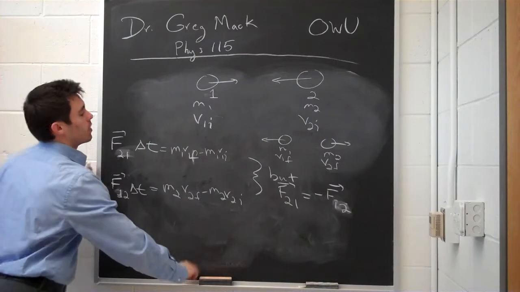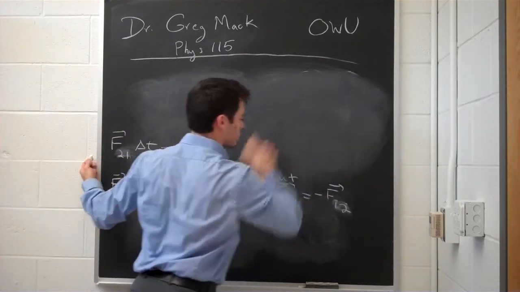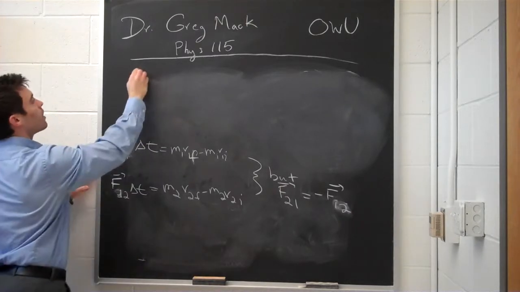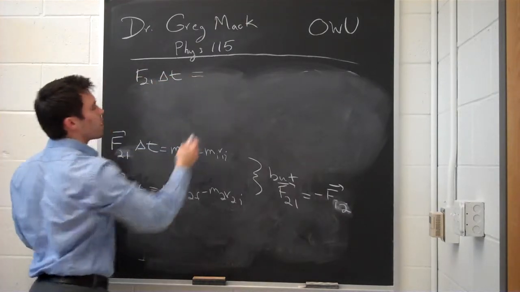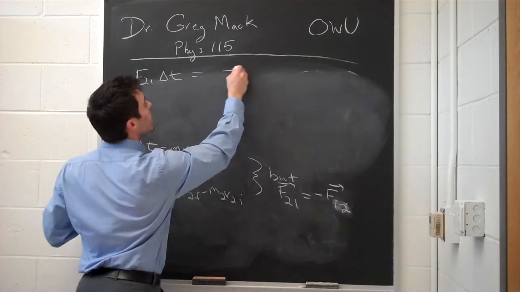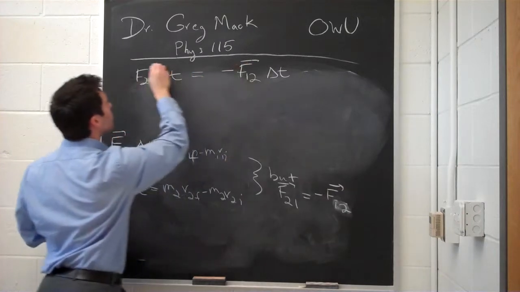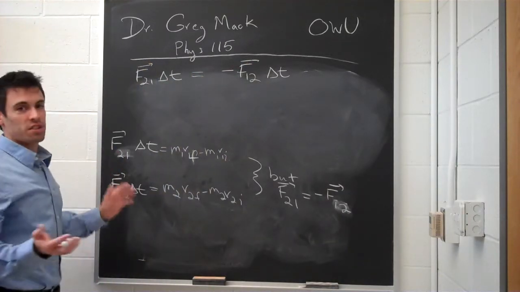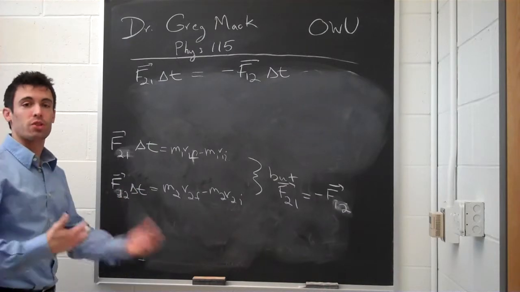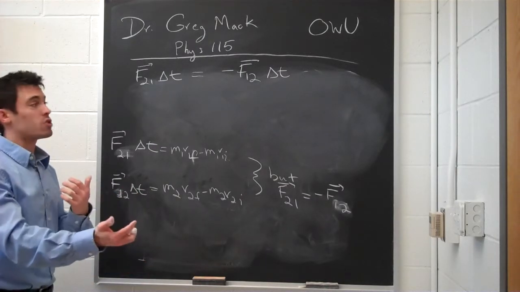So F21 delta t must therefore be equal to negative F12 delta t. Delta t is just delta t. It's the same time that both objects are experiencing the forces, because we're talking about the interaction of those two objects.